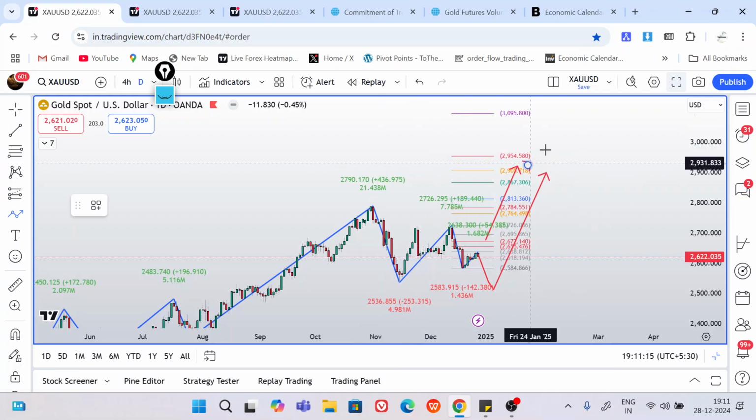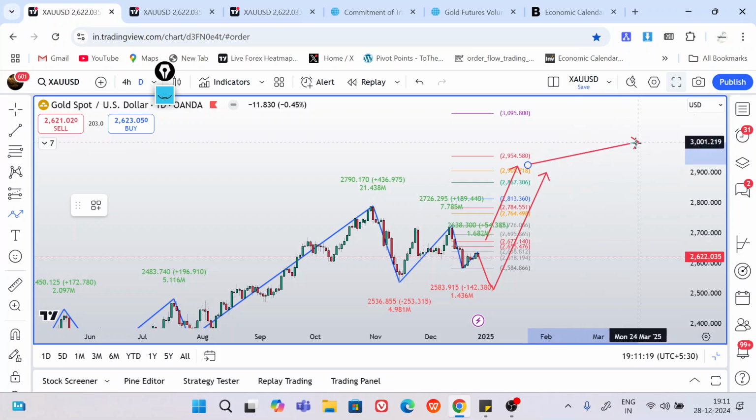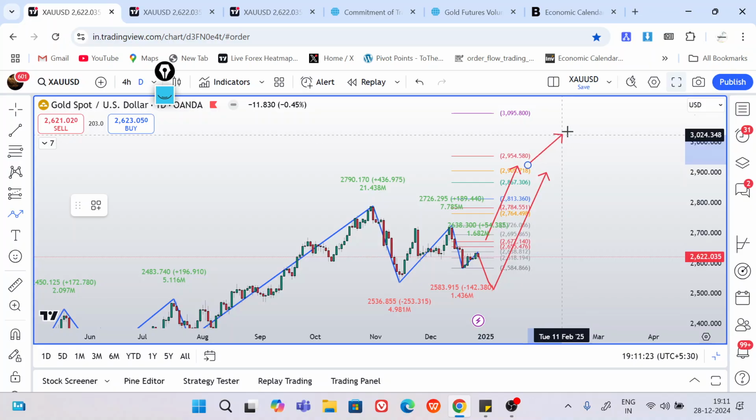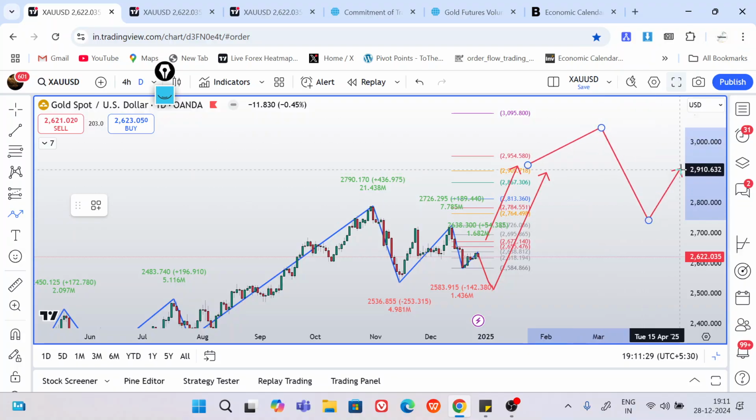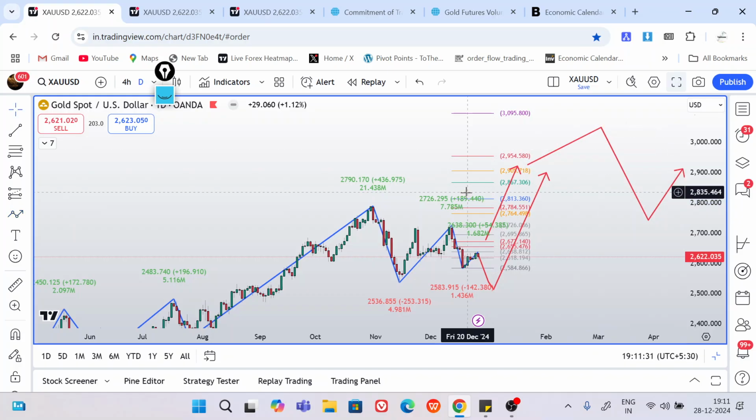From here, I'm expecting that price can make a top around the 3000 level in February or March, right over here. Then from here we can expect some retracement and then a continuous bullish rally. So overall the view on the larger picture is in bullish favor, and we have to act accordingly.